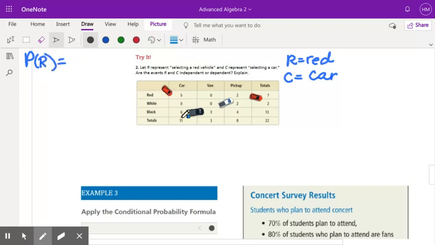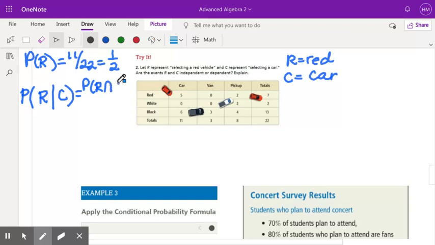Let's see, there are 11 red out of 22, which is 1/2. Then let me find the probability that I get a red vehicle, given that I know that it's a car. That would mean I need the probability of a red and a car, divided by the probability of getting a car.